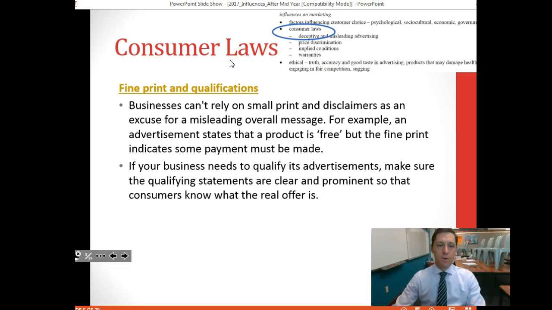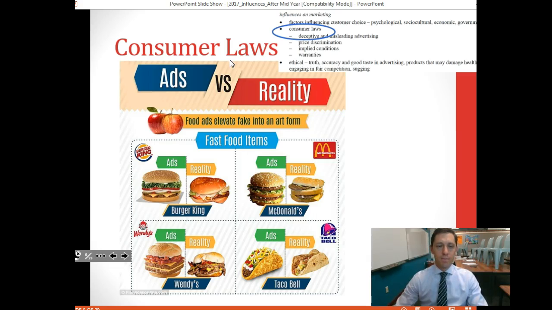As a second point, if your business needs to qualify its advertisements, make sure the qualifying statements are clear and prominent so that consumers know what the real offer is. We'll get into that a little later in the topic. There's an example of an advertisement, the real thing versus what was advertised. Again, we'll get more into that when we get into ethics. But it raises the issue that marketing executives must know what they can and can't do.